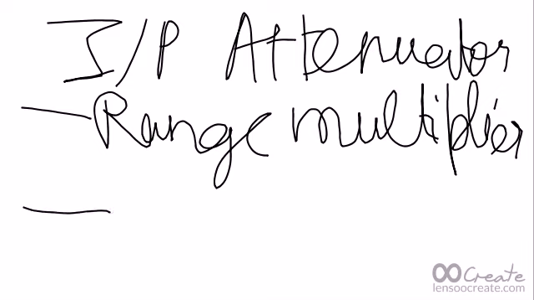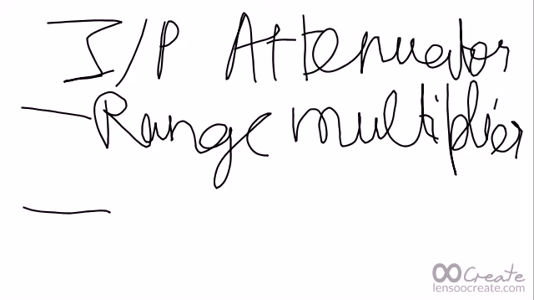Basically, it permits a large range of signal amplitude to be analyzed without loading the amplifier. It increases the range, and even a small signal can be analyzed using this frequency selective wave analyzer, because it permits a large range of signal amplitude to be analyzed without loading the amplifier.